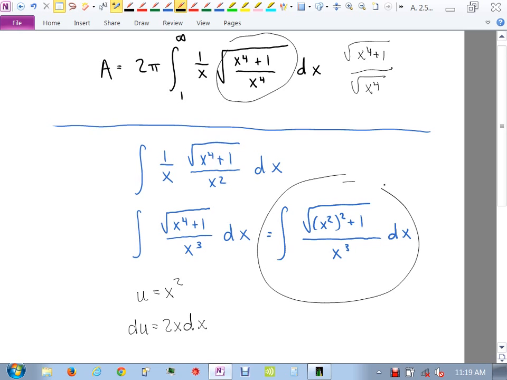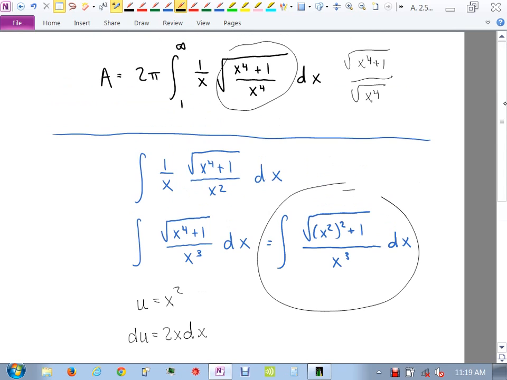So here's what I'd like for you to do, and I'm going to offer this as a bonus, all right? Finding the volume was pretty straightforward, right? And we found a finite volume. The paradox for Gabriel's horn is that the surface area is infinite. That means it diverges. So as a take-home bonus to be turned in next class, just work out this integral for surface area.